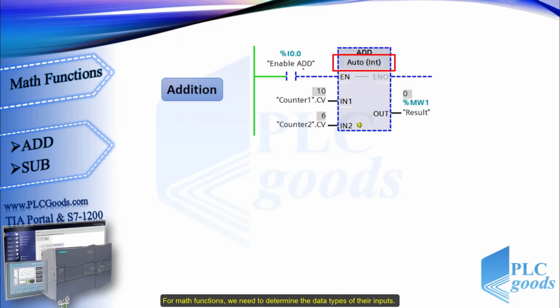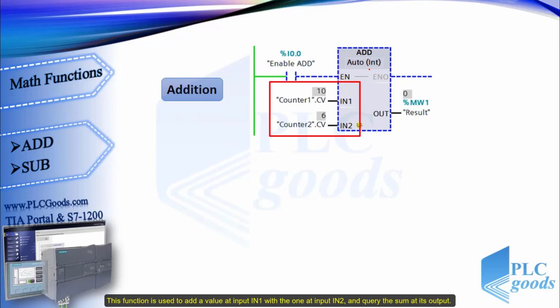For math functions, we need to determine the data types of their inputs. This function is used to add a value at input IN1 with the value at input IN2 and query the sum at its output. Here we have two values from two counters, 10 and 6.